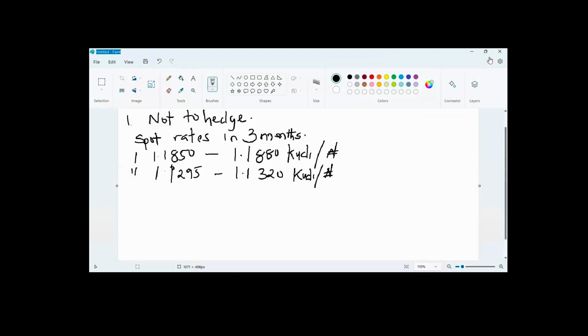We are given 2 scenarios. We have settled that this is a quote of foreign currency per naira.